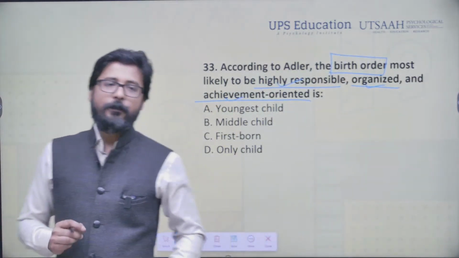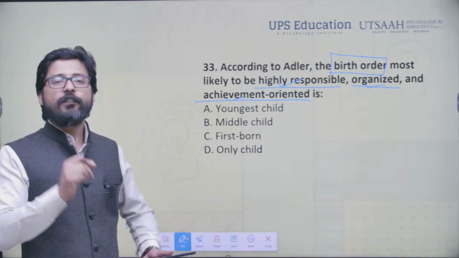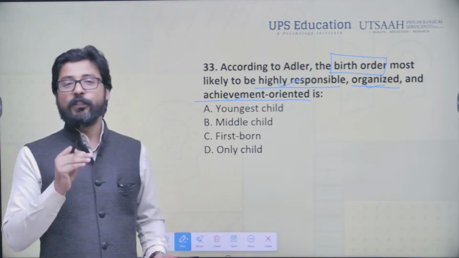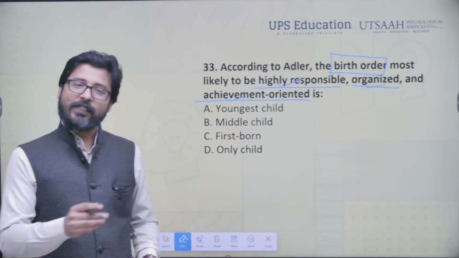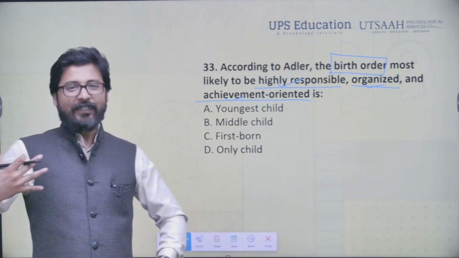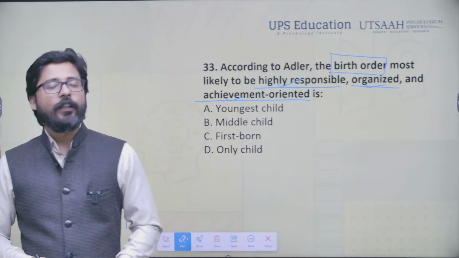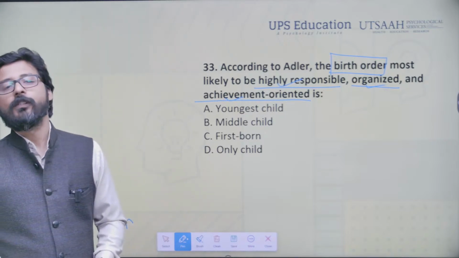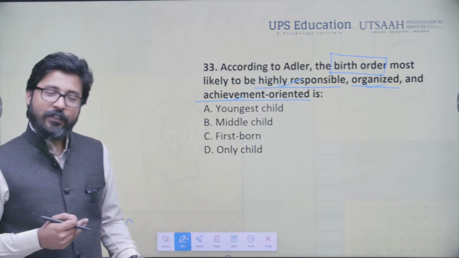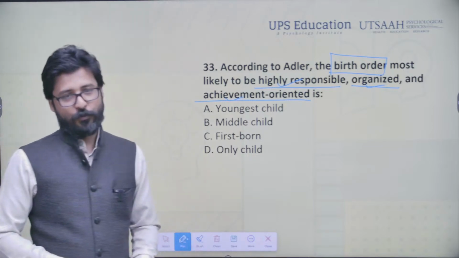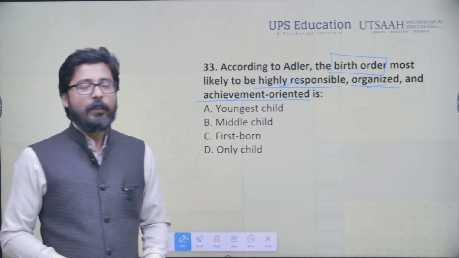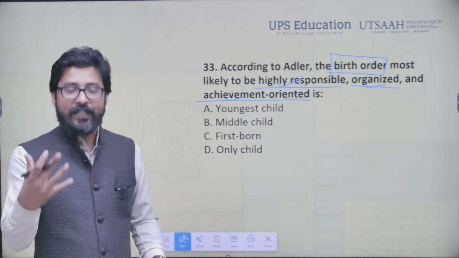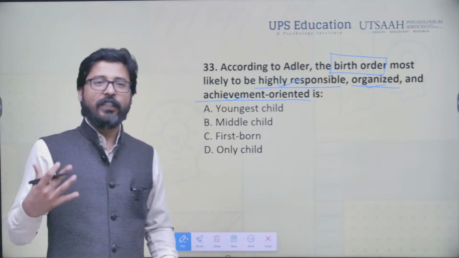So Adler said, if there is a firstborn child, we can find a few qualities. They will be responsible, organized, and have leader-like qualities. But there is a certain risk associated with the firstborn child if, as parents, we are not taking care of appropriate parenting. Then the risk will be of an anxious child, with a high level of anxiety.